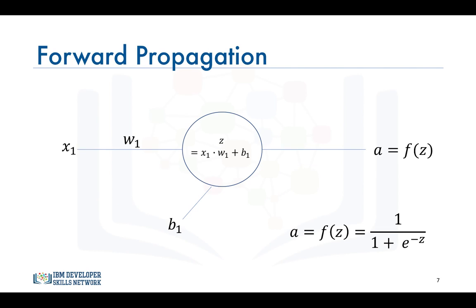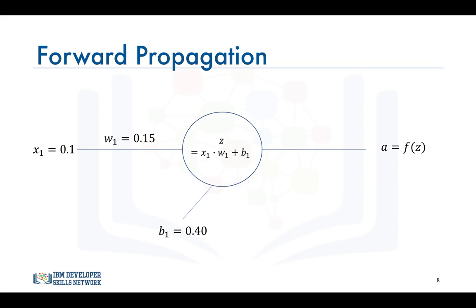For further simplification, I'm going to proceed with a neural network of one neuron and one input. Let's go over an example of how to compute the output. Let's say that the value of x1 is 0.1, and we want to predict the output for this input. The network has optimized weight and bias, where W1 is 0.15 and B1 is 0.4.